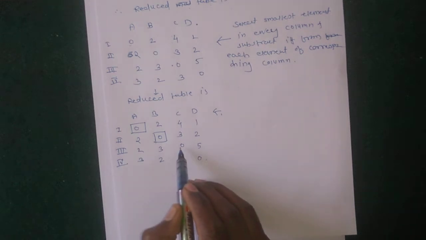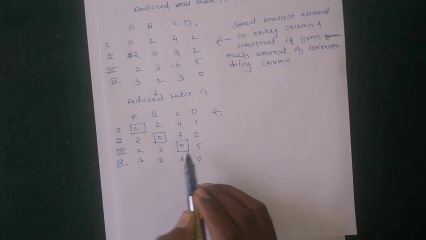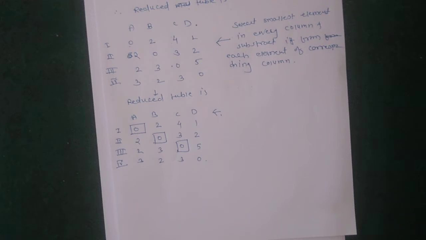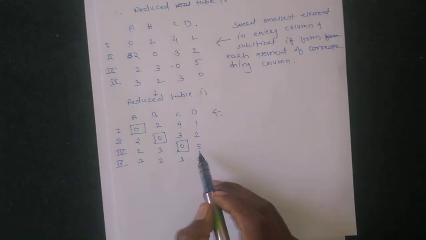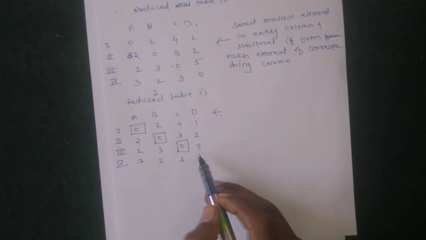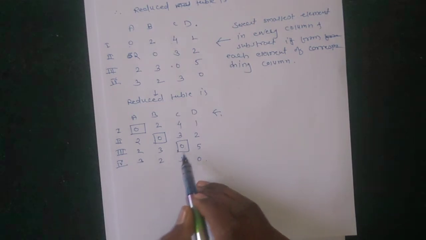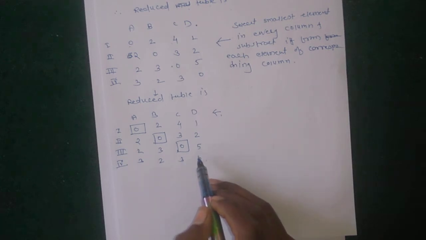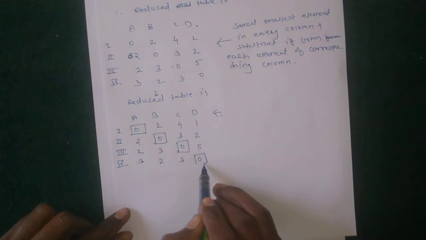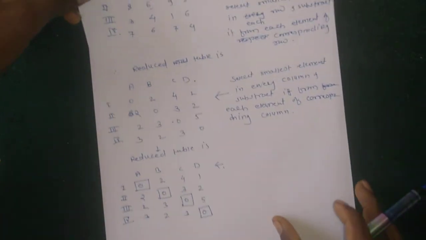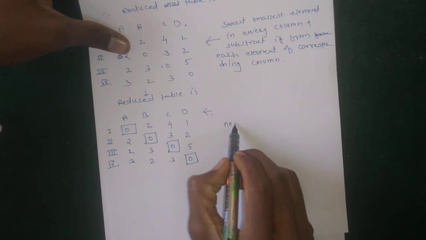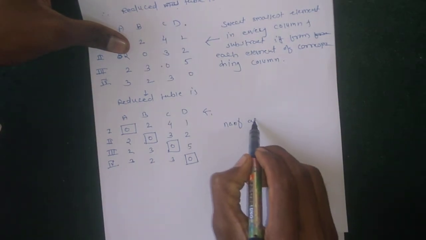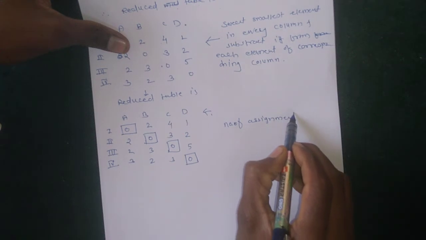Then the third row also contains exactly one 0, so the other elements get no assignment. And lastly the fourth row also contains exactly one 0. What is meant by an assignment?